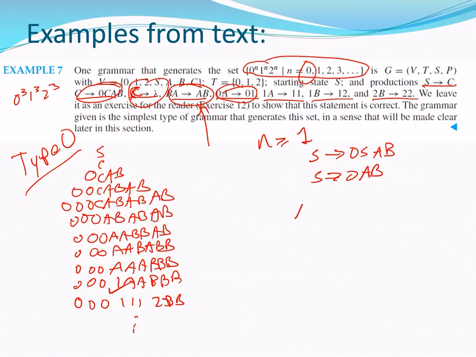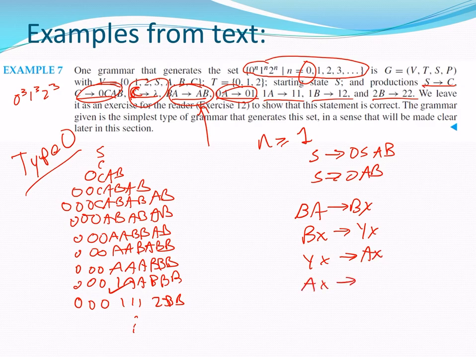I could go BA produces BX, BX produces YX, YX produces AX, and AX produces AB. So we get the same effect, but the nice thing about this is it's all contextual.